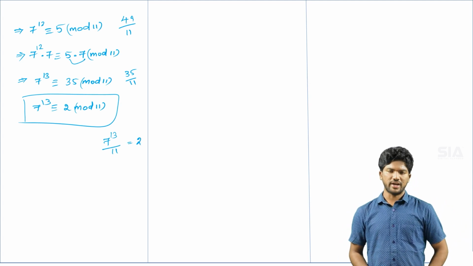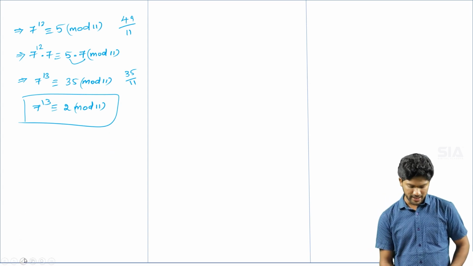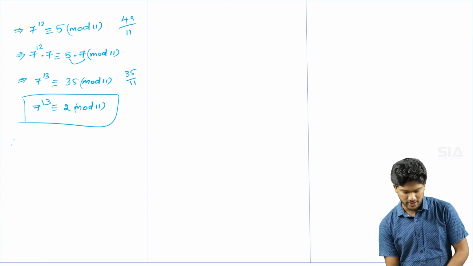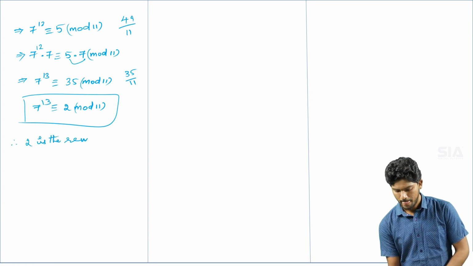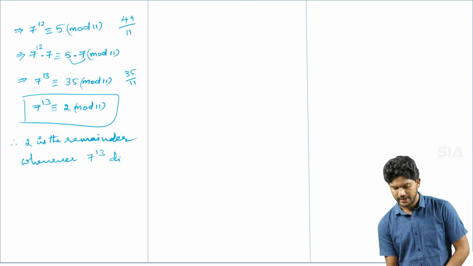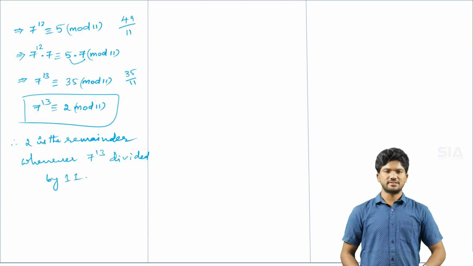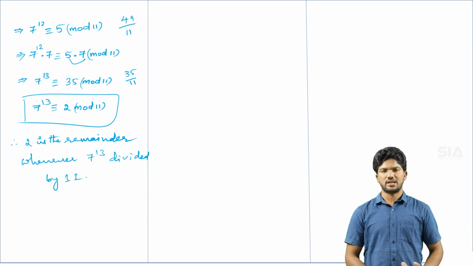At the end of the problem you have to mention that 2 is the remainder whenever 7^13 is divided by 11. So this is the ultimate solution of this problem.